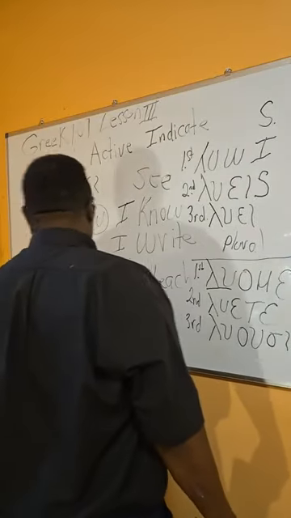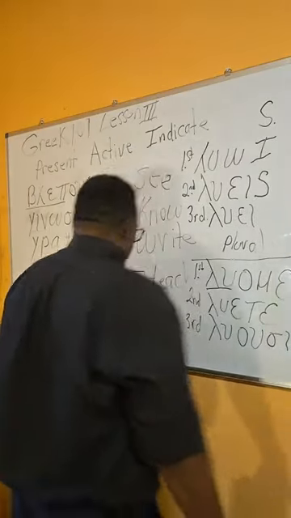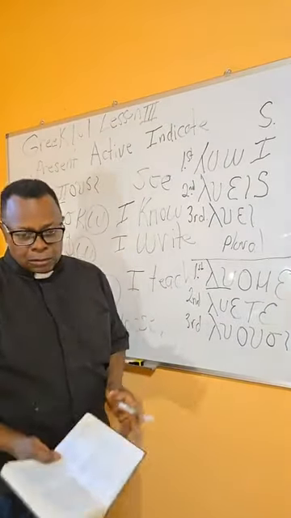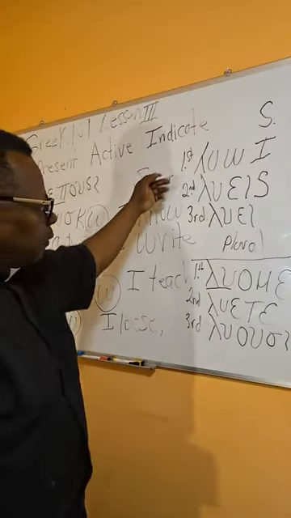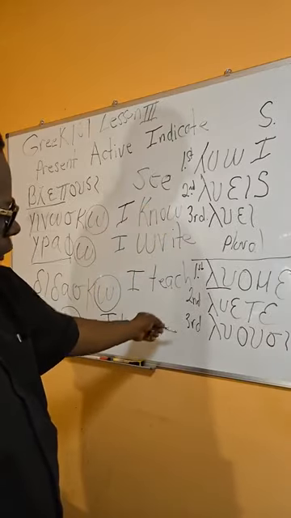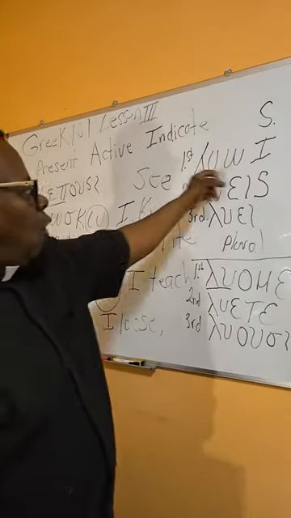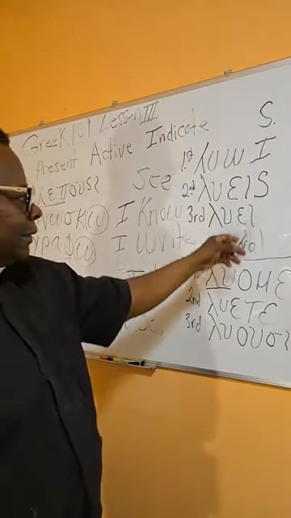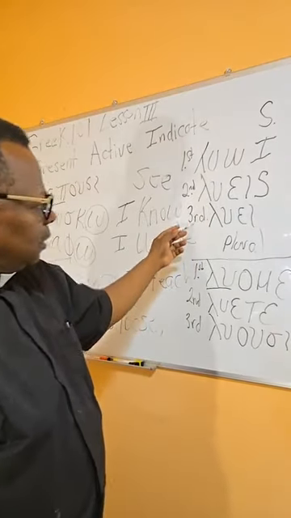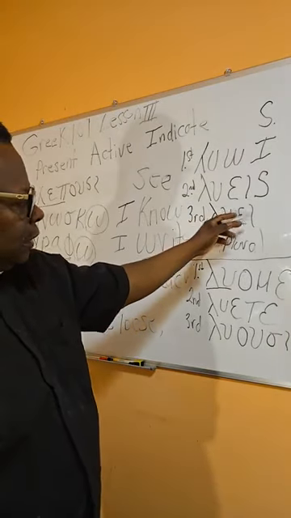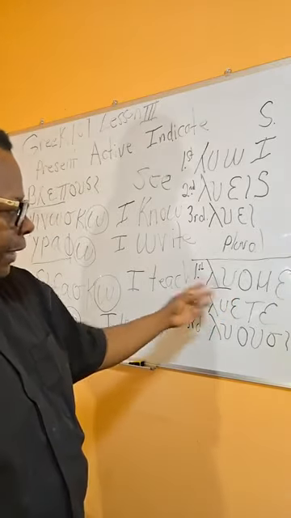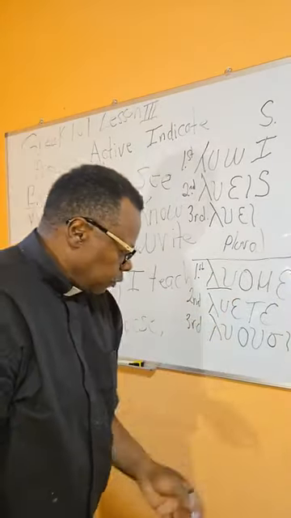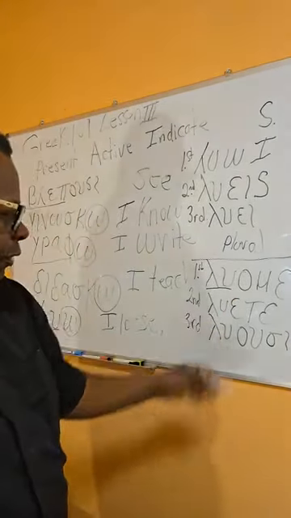And that's how we get the different tense and the verbs and the subject. Was it first person, second, third, or first, second, third, plural? Luo, I. Lueis, you. Luei, he, she, it. Plural: luomen, we. Luete, you, plural. Luousi, they.